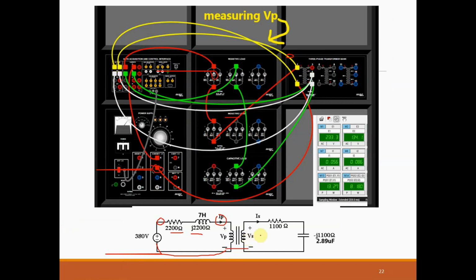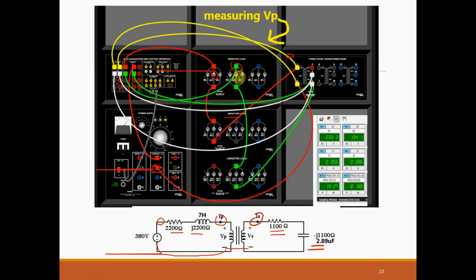Now let us go to the secondary. In the secondary, we have an ammeter here to measure IS. So from the secondary, I use the green wire going to the I2 positive and I2 negative going to the resistive load. So I2 negative going to resistive load 1100 and a capacitive load minus J1100.